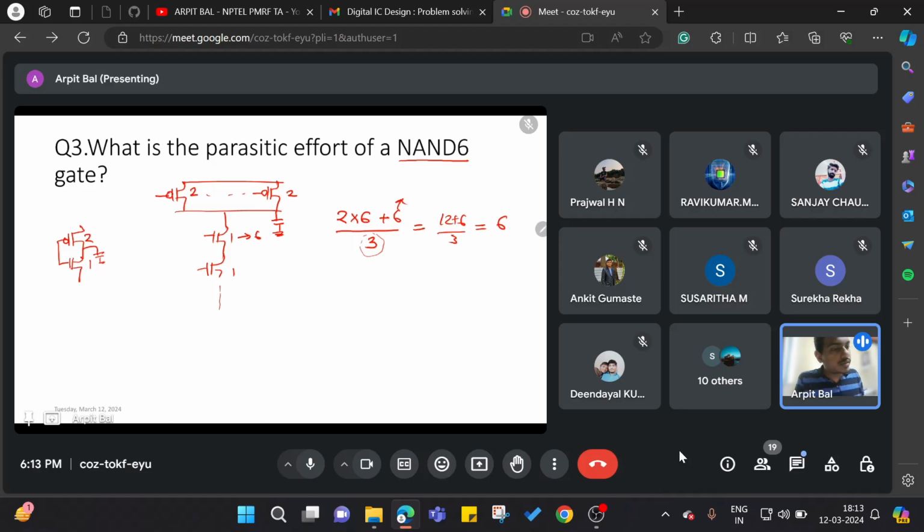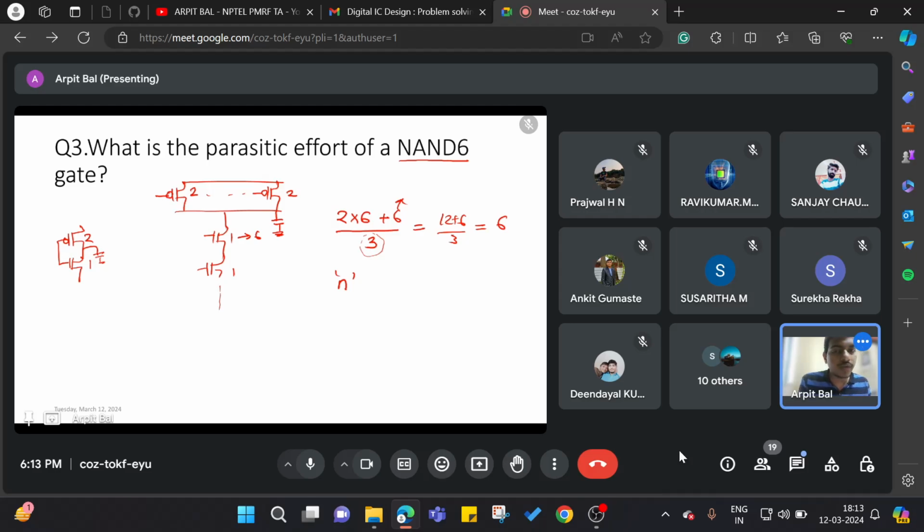Just like we did for NAND 10 and NOR 10, we have a formula for getting the parasitic effort as well. You can directly write that the parasitic effort of a NAND gate is N, where N represents the number of inputs. So intuitively, what is a parasitic effort and what is a logical effort?